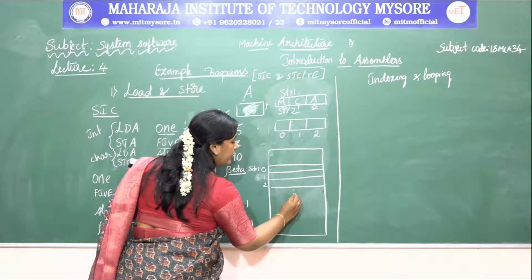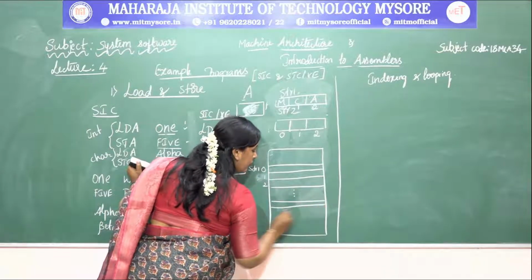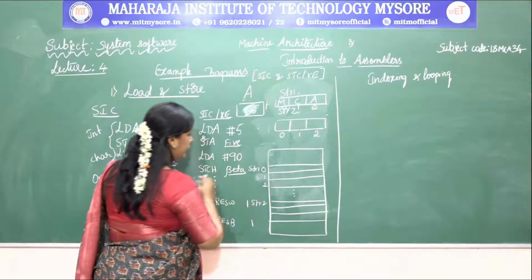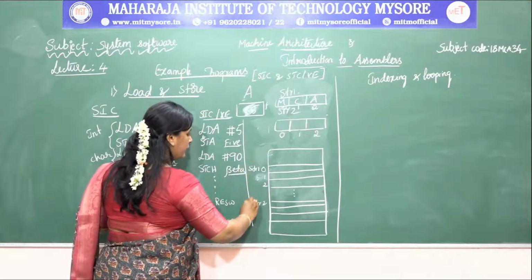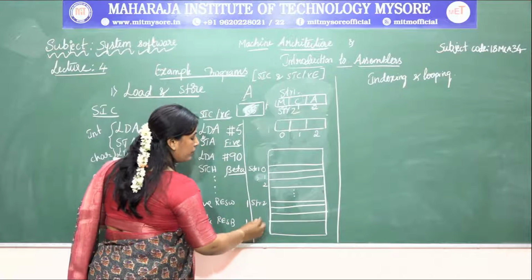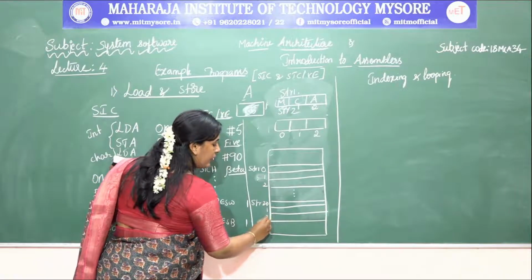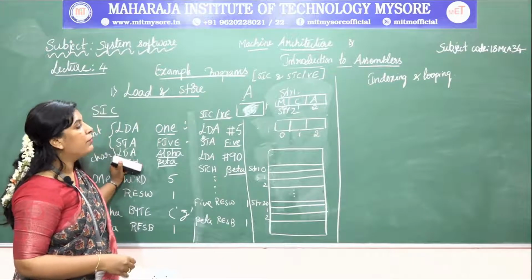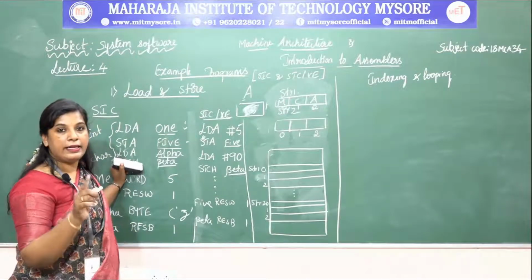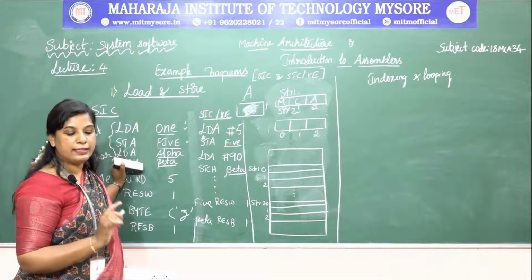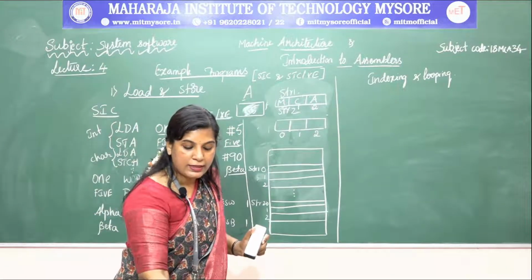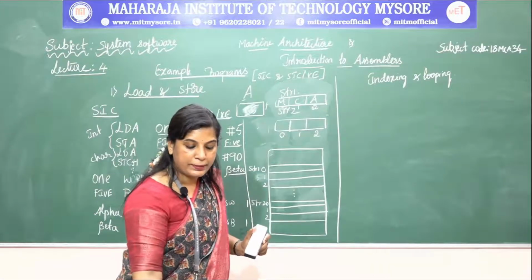Again, string 2 is somewhere else, where some space is reserved, and its index values are also 0, 1, 2. Before that, we must initialize the index register value as 0 here, isn't it?